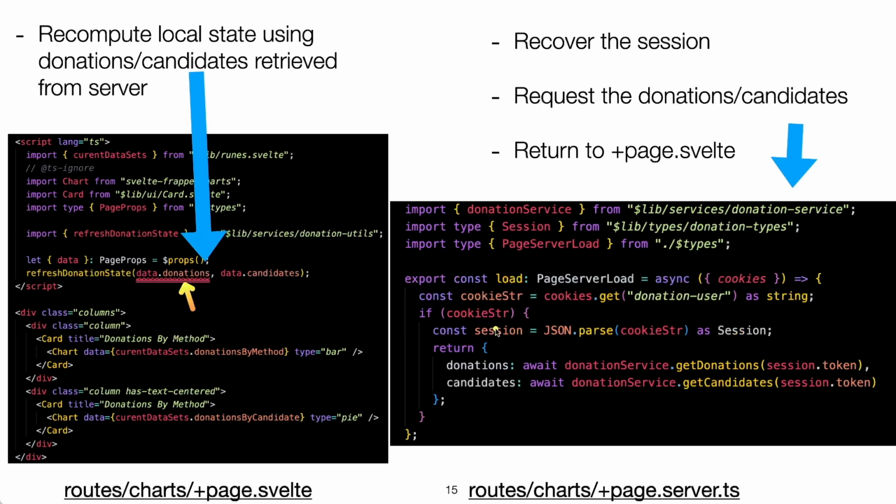So page.server.ts, remember, is running in the server. It's accessing the API from the server, passing back the latest donations candidates. These in turn are delivered out to data, and we're doing some more processing there in the client, updating some state information we think is important based on the data we have just fetched from the server.